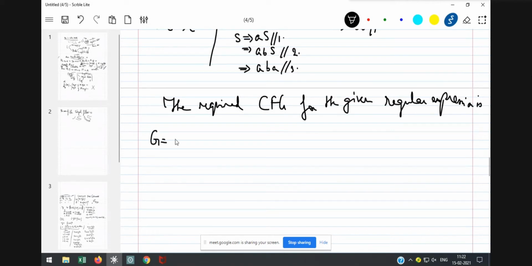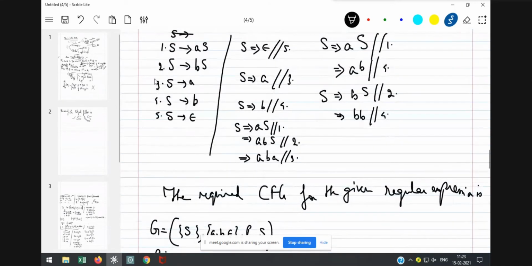G is equal to, in my case, N is S alone. Then T is a, b, epsilon. The next one is P comma S, where P is the set of productions. Now one more thing, I'm using only one single non-terminal, and I've listed the productions with numbers like this.